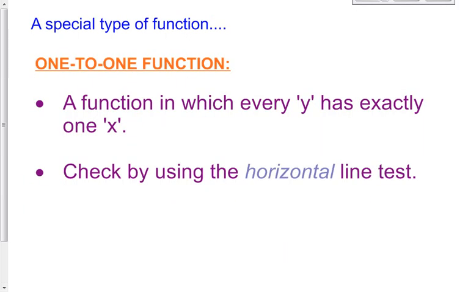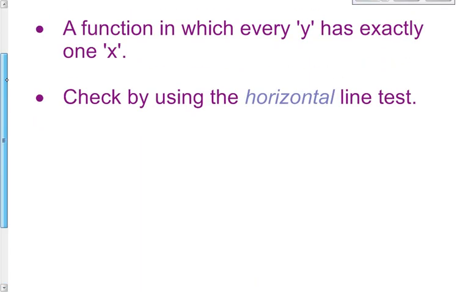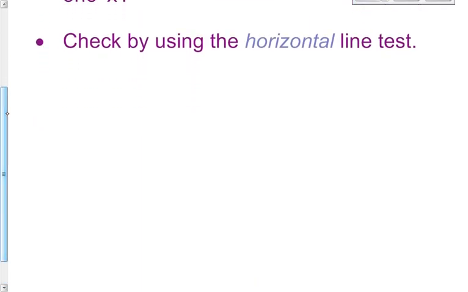Next one is a special type of function. It's called a one-to-one function. With a one-to-one function, it's a function in which every y has exactly one x. You're going to check this by using the horizontal test. I also want you to write this down in your notes. This one, the x's cannot repeat.